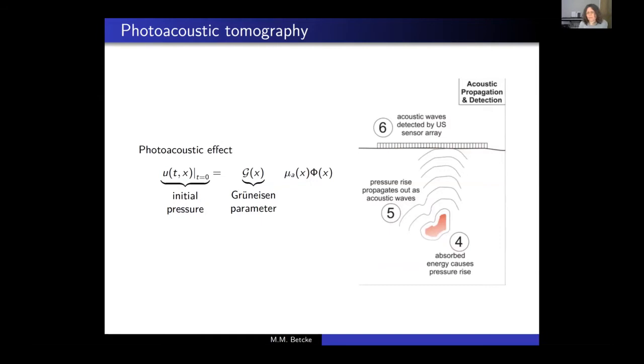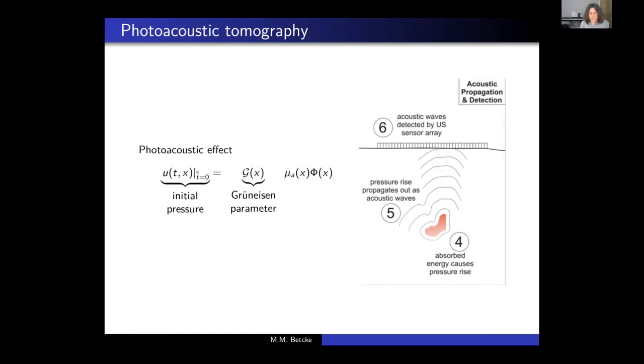Once this energy is absorbed, it heats up the tissue, and then we get thermal expansion, and this finally gets released in the form of an ultrasonic wave. As in any physical process, the conversion between the heat and the initial pressure has some efficiency constant that we don't have a very good handle on, so we are just going to neglect it from now on.